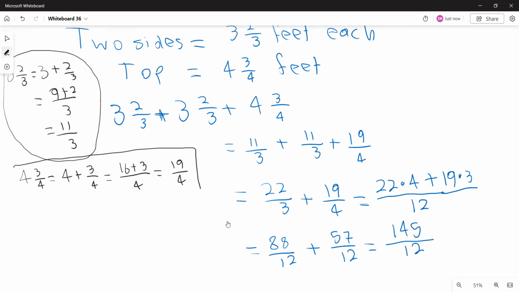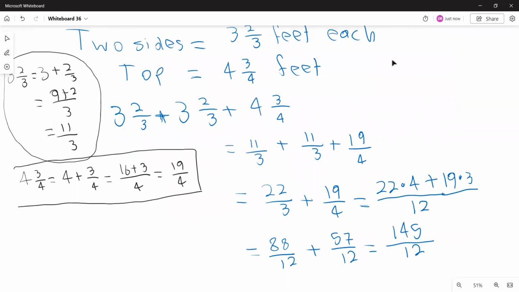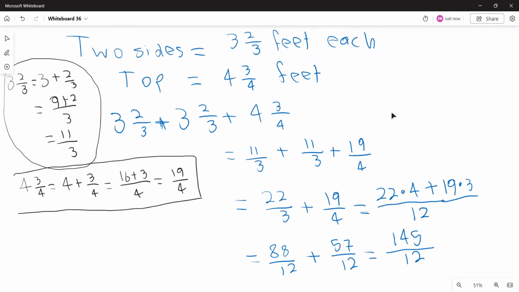And we can finally convert this fraction to a mixed number. The reason to do that is because that's going to give us a better idea of how much material we need. So 145 over 12, that doesn't tell us much. But if we convert this to a mixed number, that's going to give us more information. So 145 over 12. We need to multiply 12 by 1, and then multiply 12 by 2.